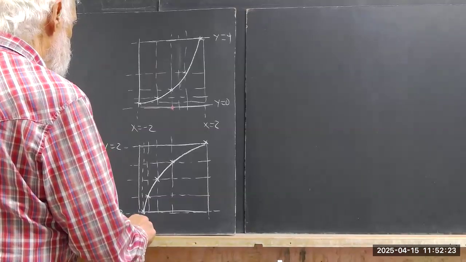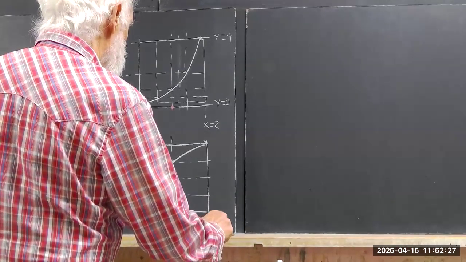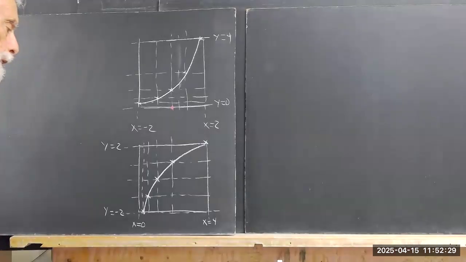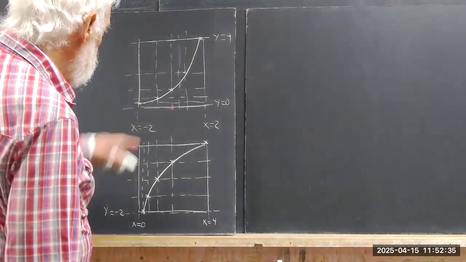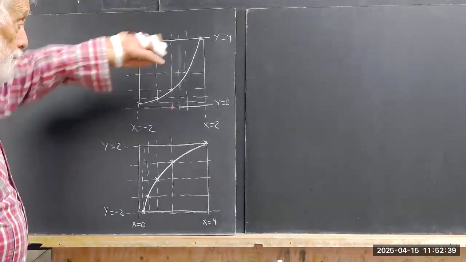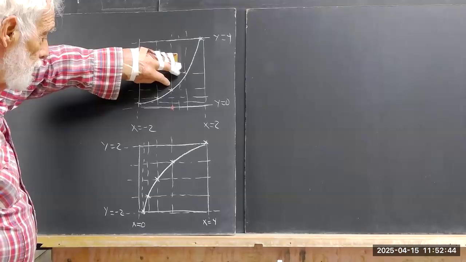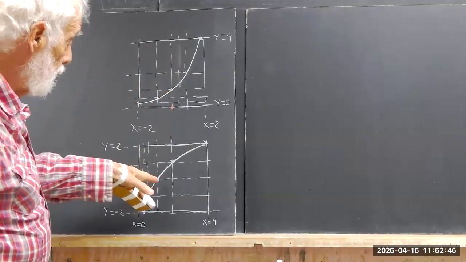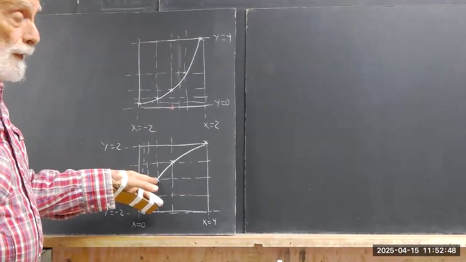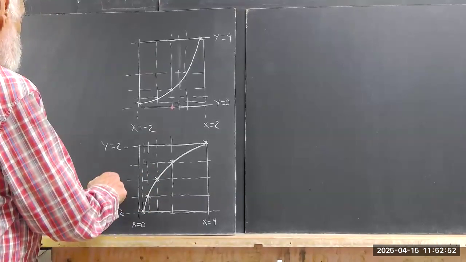X equals 0 here. X equals 4 here. That makes a certain amount of sense out of this graph because here's the point 0, 1, right? X is 0, y is 1. So this point is going to correspond to this point where x is 1 and y is 0.